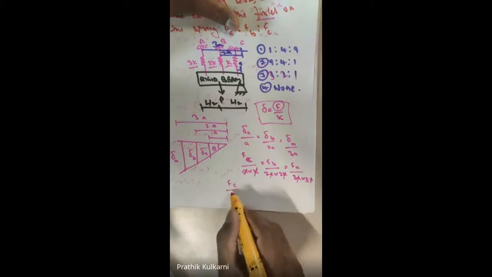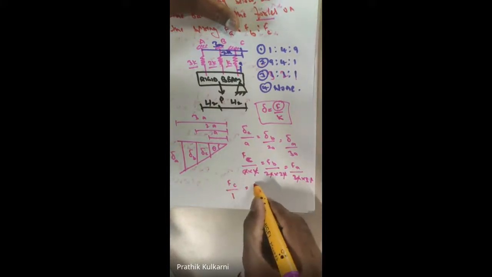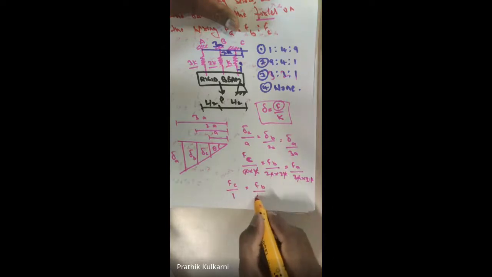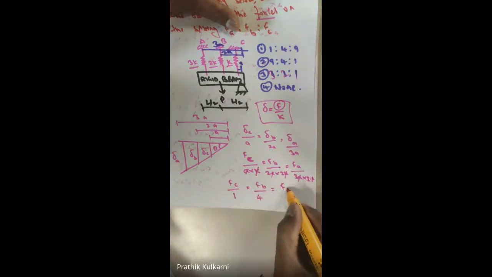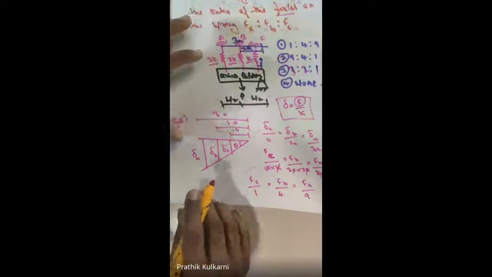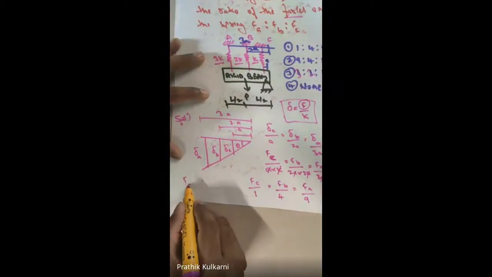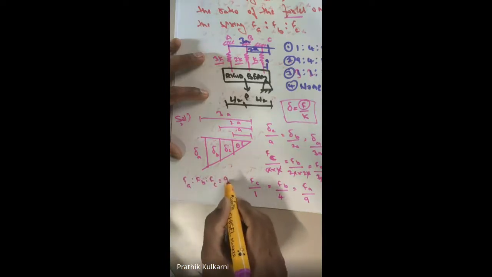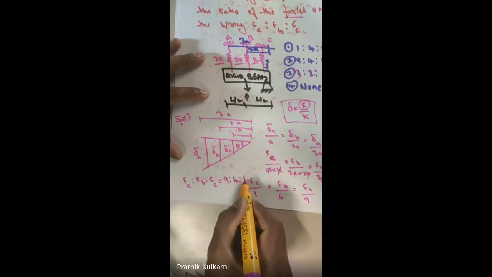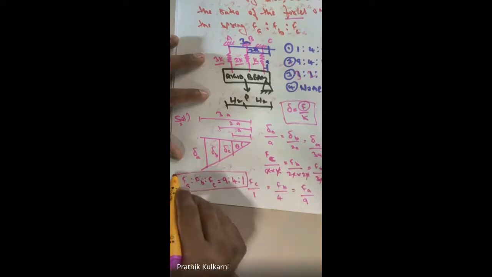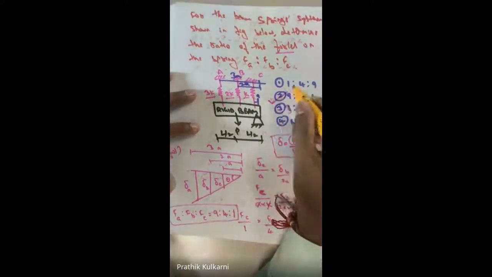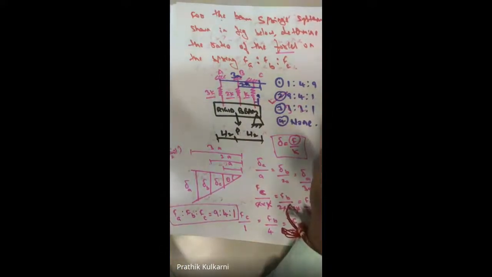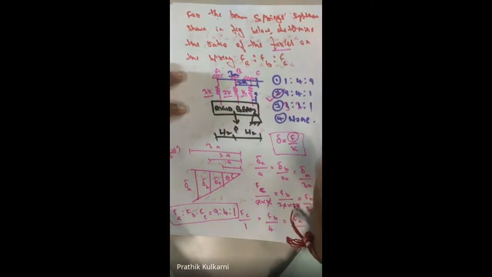FC by 1 is equal to FB by 2 into 2, which is 4, is equal to FA by 3 into 3, which is 9. So now what is the answer we have? FA is to FB is to FC equals 9 is to 4 is to 1. So this is my answer, and the second option is correct.